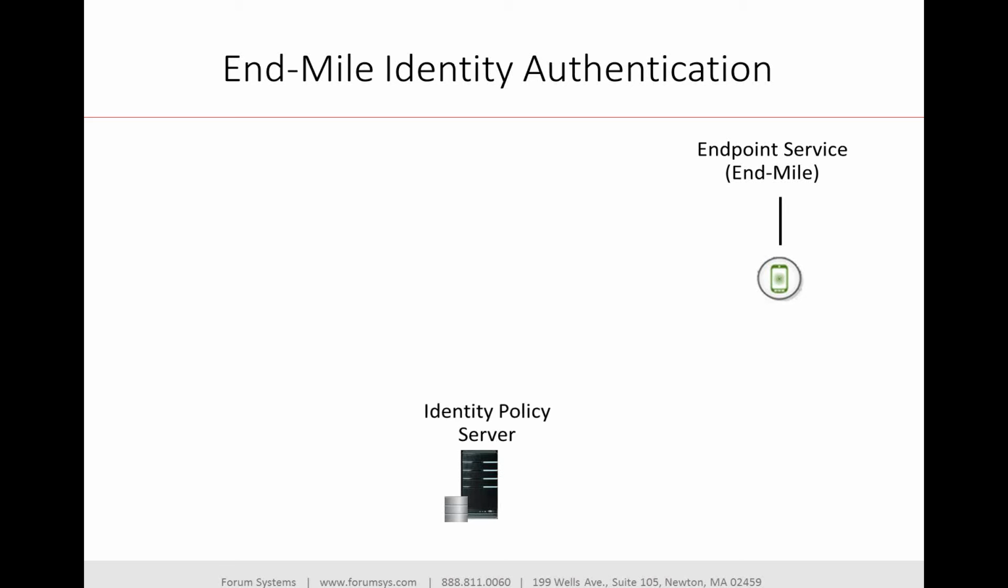And within that infrastructure or environment, there's some kind of identity policy server that provides user credentials information and policy information and provides the means to centralize that, all very important pieces. But the issue is that you've got to embed identity agents on those end-mile services in order to allow those systems to understand whether or not users are allowed to access the information in question. The access control and authentication is actually accomplished through those identity agents that have to be embedded that call back and forth to an identity policy server.